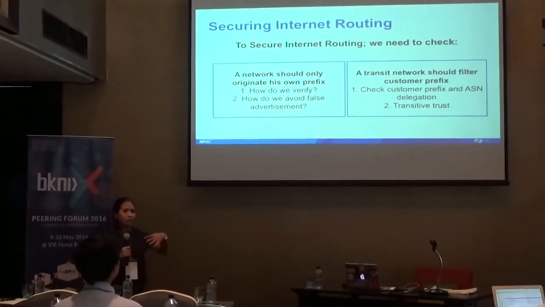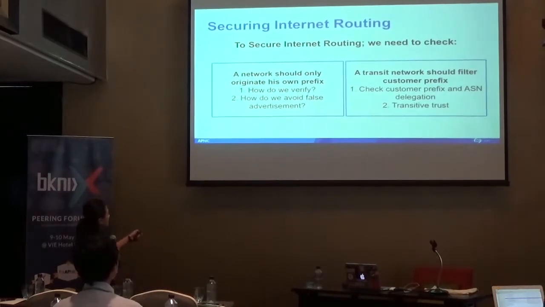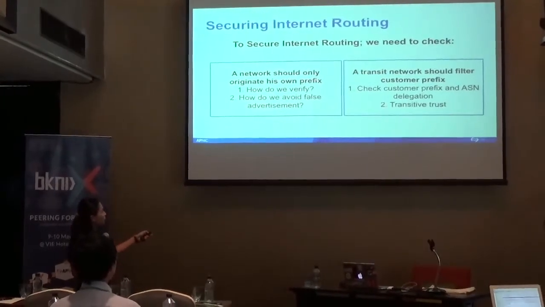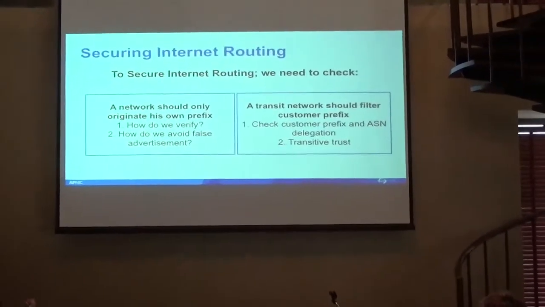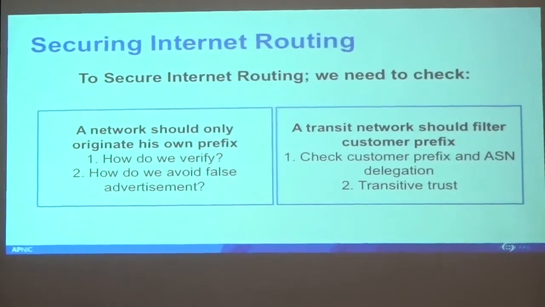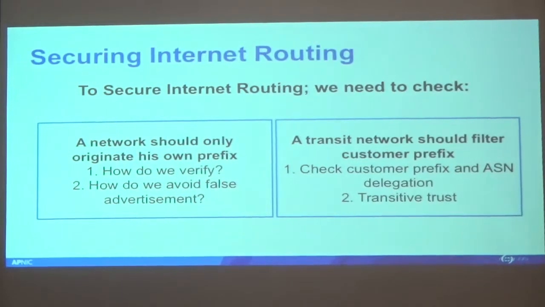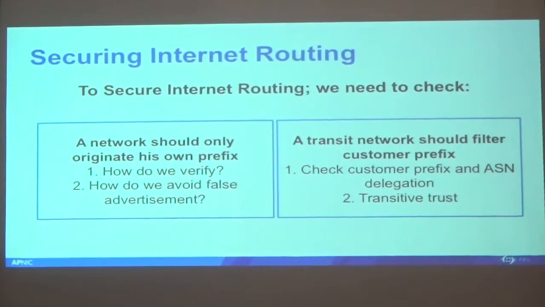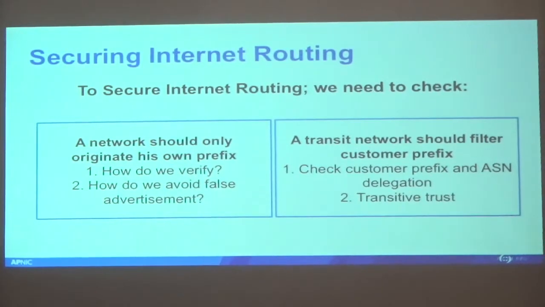Some of them are done manually, administratively. First one here is we must be sure that a prefix should only be originated by this particular network. If you are assigned an IP address block, your network, and only your network, should announce that prefix.